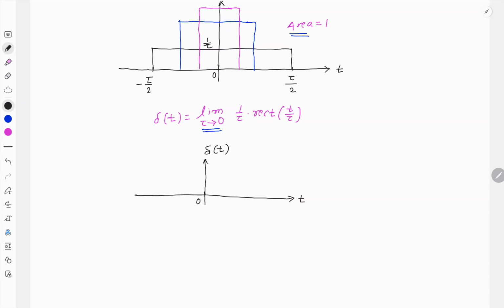Now with this equation, delta(t) equal to limit tau tends to 0 of (1/tau) rect(t/tau), if we go on reducing this width of rectangle, at the end we get a single vertical line whose width is 0 at origin. So ideally the amplitude of signal rises to infinity when width becomes 0. So this signal is called impulse signal.